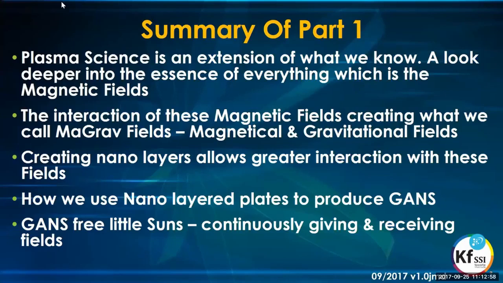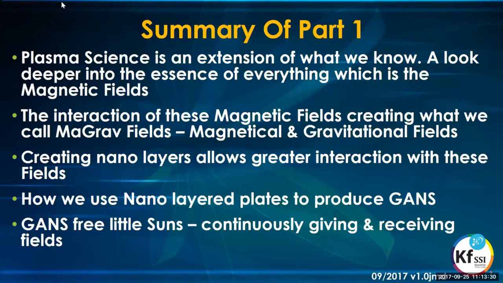And it's the interaction of these magnetic fields creating what we call maggrav fields, which is magnetical and gravitational fields. So it's a slightly different concept from what we've understood as attraction and repulsion, but it's really magnetical and gravitational. We create nanolayers, which allow for greater interaction with these fields that are around us, and we can use them as filters so that we can only work with certain fields.